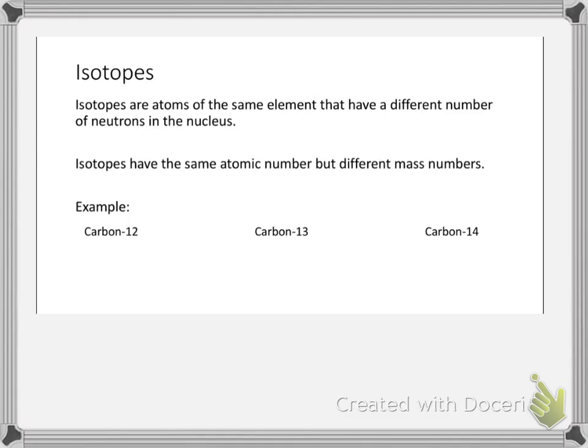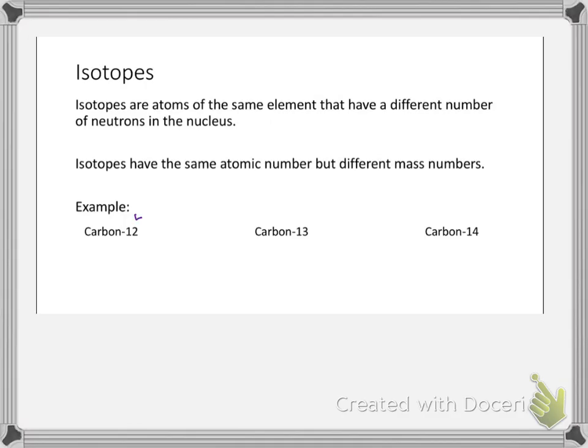And so I have 3 carbon isotopes, and you don't have to memorize all the different isotopes. You just need to be aware that elements can have different isotopes. Here's an example of carbon. One way that they can tell you what isotope it is, is that they will put a dash and then a number behind it.